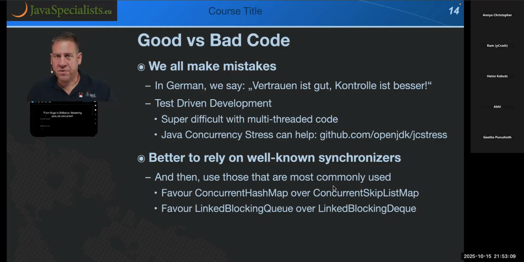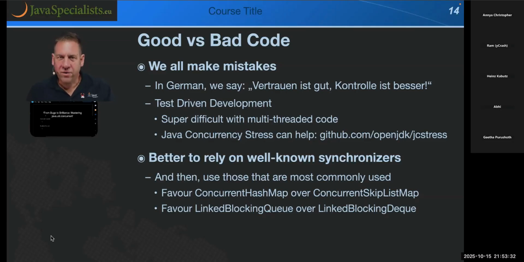Java concurrency stress tests can help, but it's still difficult to thoroughly test whether code is thread safe. And so it's better to rely on well-known synchronizers, not because the people who wrote them are cleverer than us, well, they probably are, but because more people use their code.